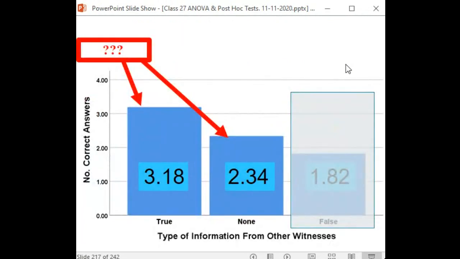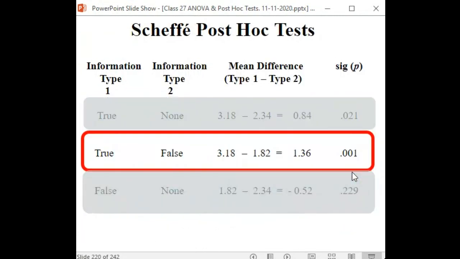So the means of these two groups are significantly different from each other. That is, the students given true information gave more correct answers than the students given no information. So now we're finished with this row and can go on to the next one.